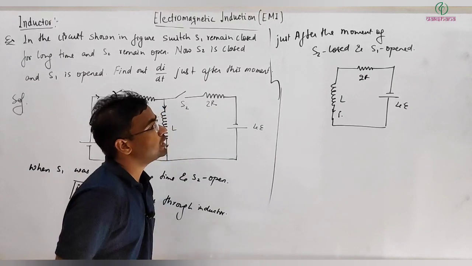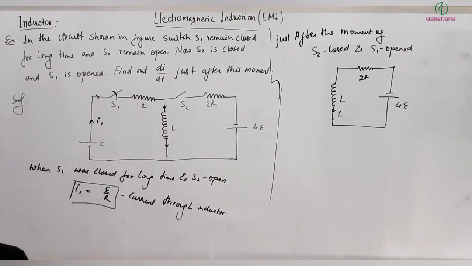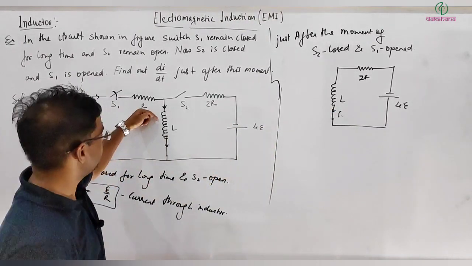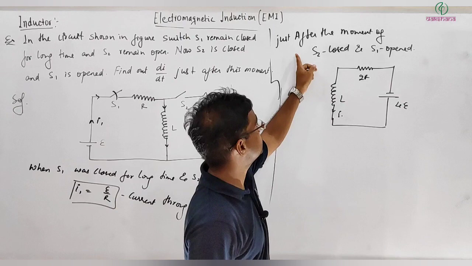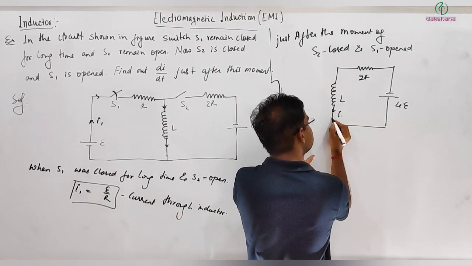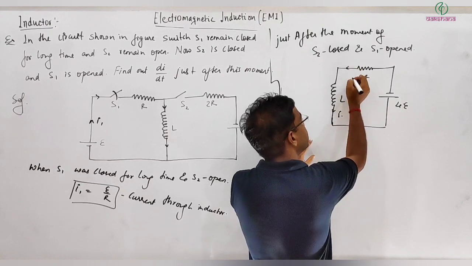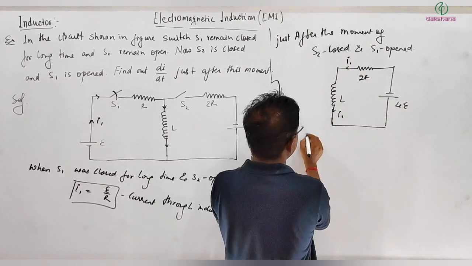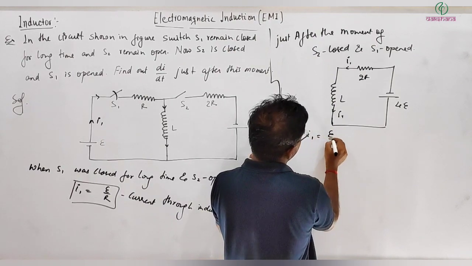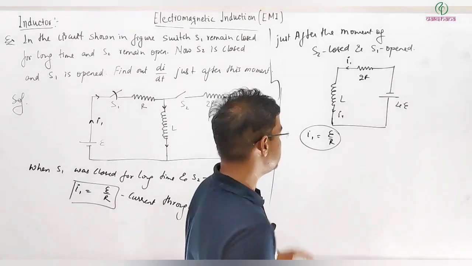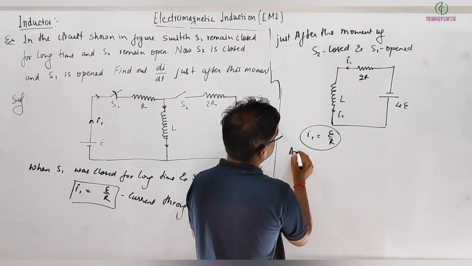Is it clear? Now here again I can apply KVL. The current through this inductor, you can see, is flowing this way. So just after S2 is closed, this current will not change, it will still flow this way. So the current will still be I1 this way, and we already know I1 is equal to E by R. So now I can apply KVL in this loop.